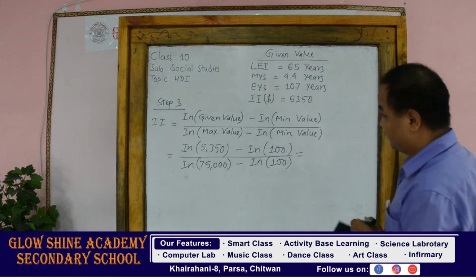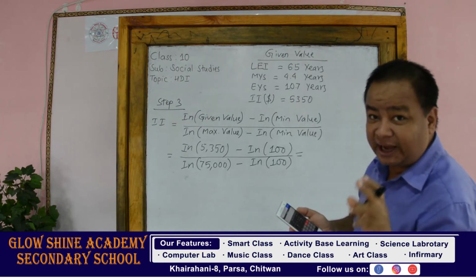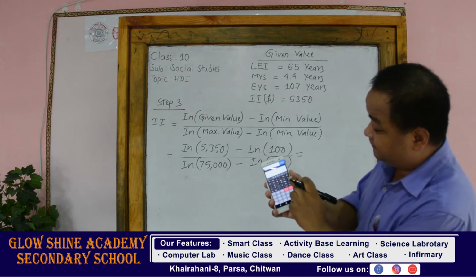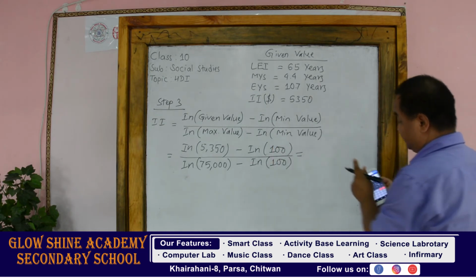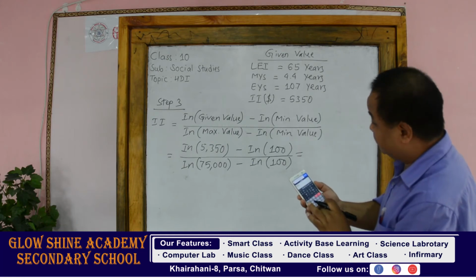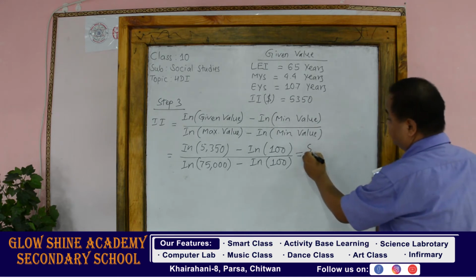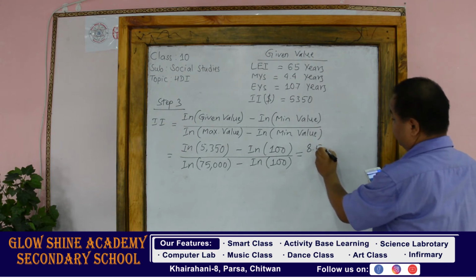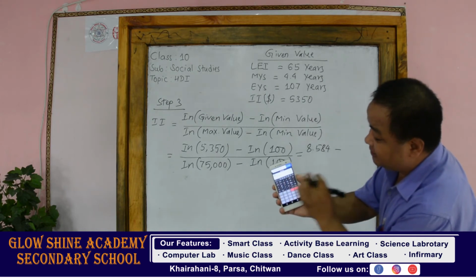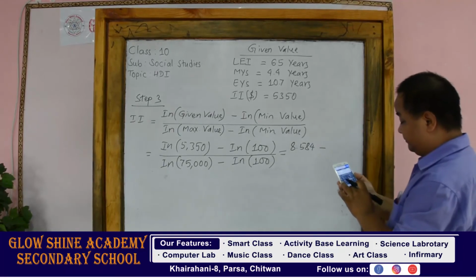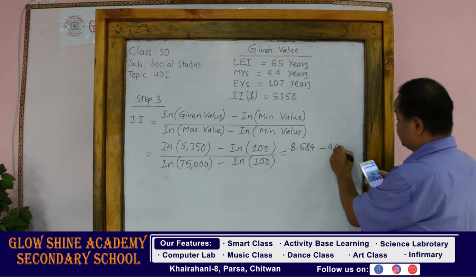Is equal to, don't forget that you should press the ln button of the scientific calculator, ln, then 5350, is equal to 8.584 minus, again you should press the ln button, then 100, then bracket close, is equal to 4.605.